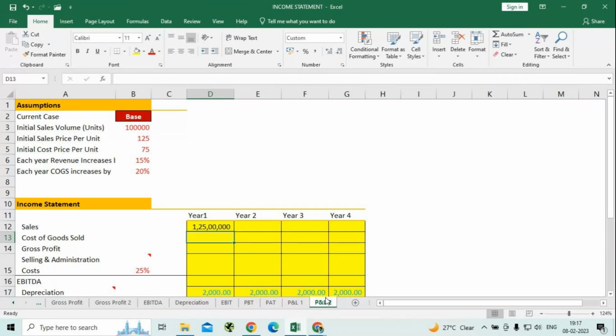Go ahead. So cost of goods sold, how do you calculate it? COGS will be 75 into 1 lakh, yes, 75 lakhs. So gross profit is sales minus COGS.